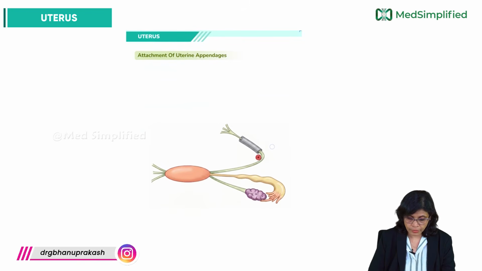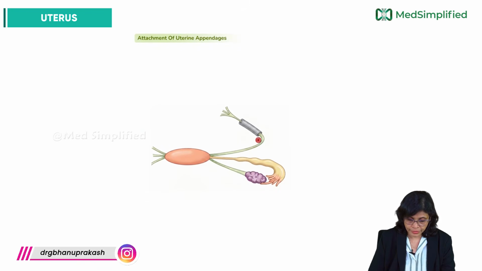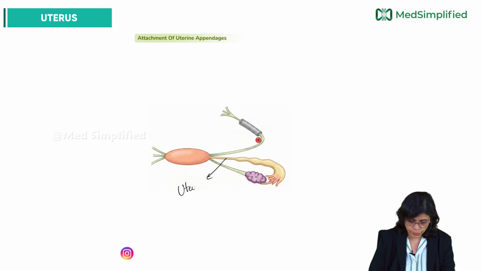Along the lateral borders, at the upper part, the uterine tube will be entering. This is the uterine tube.